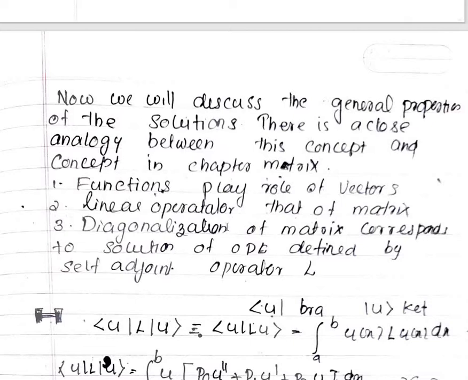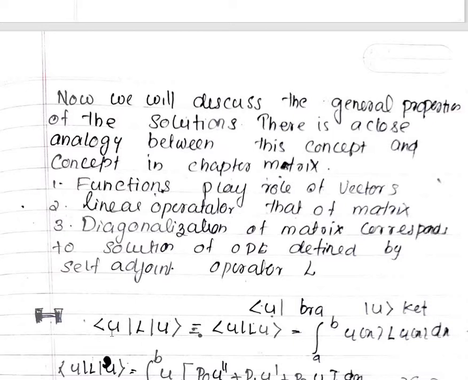So what is a self-adjoint operator? A self-adjoint operator is nothing but the Hermitian operator of a matrix. Hermitian operator, otherwise called a self-adjoint operator. Normally this representation indicates a bra vector and this indicates a ket vector.